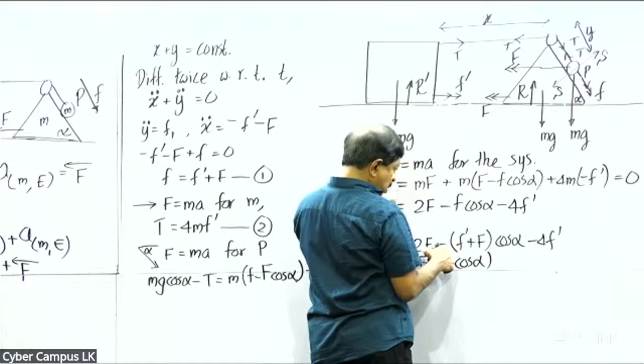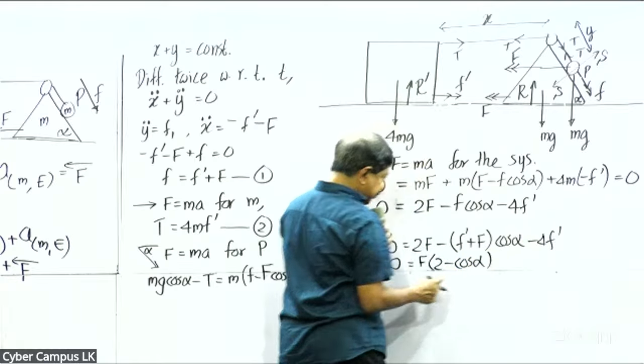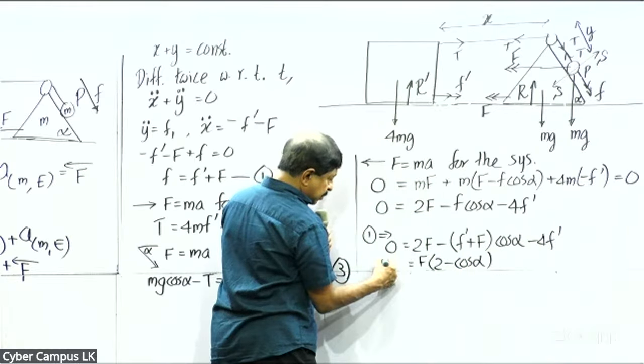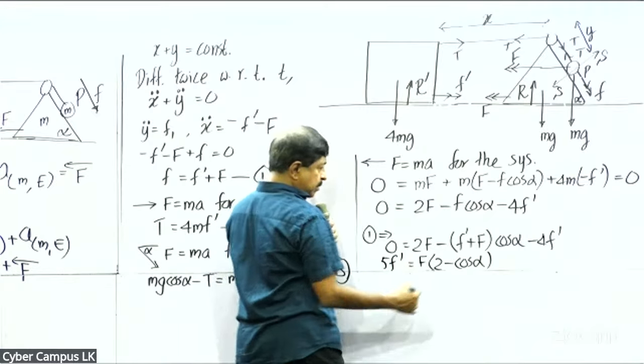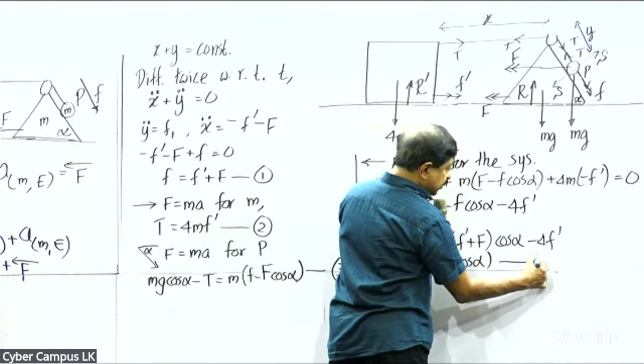Here you have minus F dash minus 4F dash. So it will be 5F dash. I take it as equation 4.